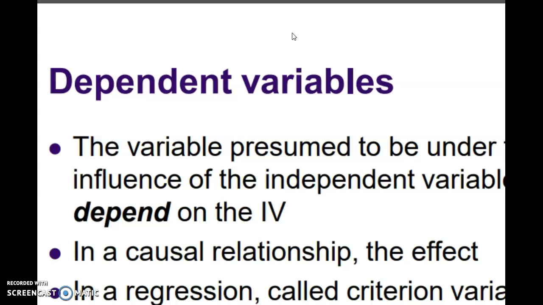So let's say hypothetically we're looking at the effects of diet and exercise on weight loss. Weight loss is your dependent variable, and a person's weight loss we're assuming would depend on either their diet or their exercise, the amount of exercise or the type of diet that they take.